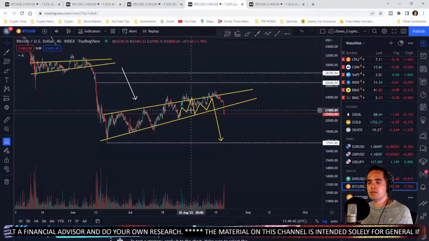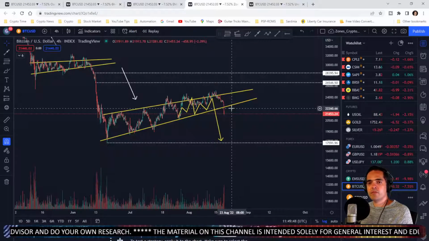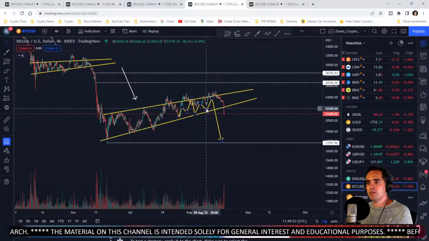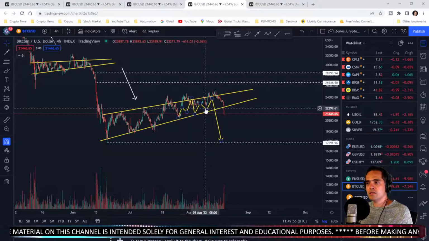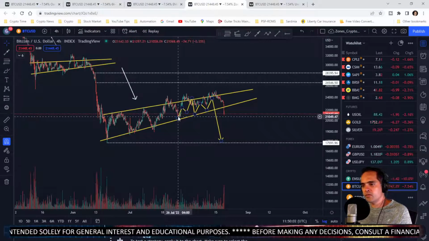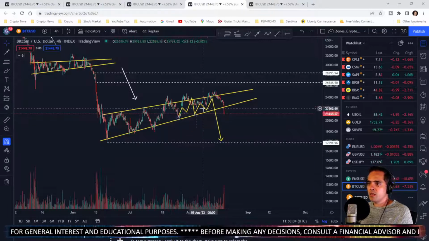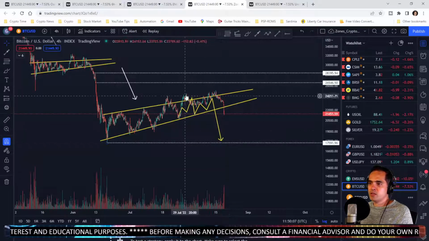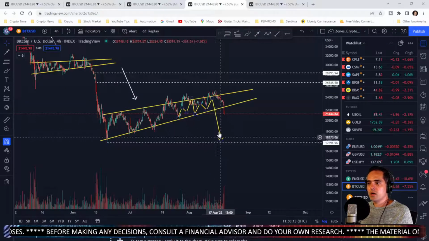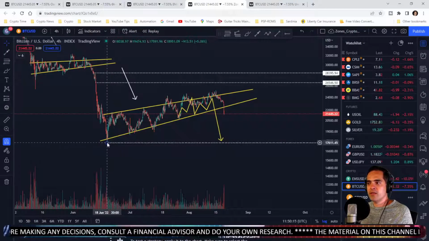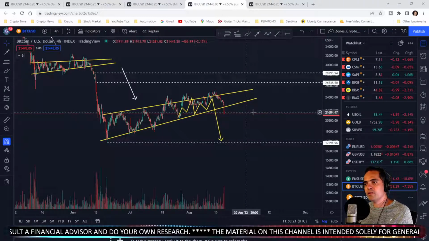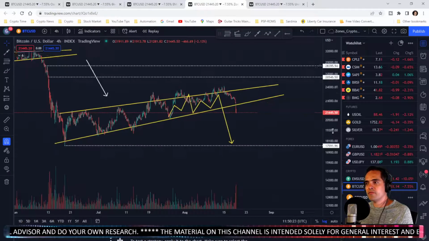So we have the rising wedge pattern, which is a bearish pattern, and I had these white lines here back in the end of July or something, expecting to see the price movement going within this, and sometime in the future going back to retest that 17k region, 17k level. And here we have it. Look, here we have it after all these days.